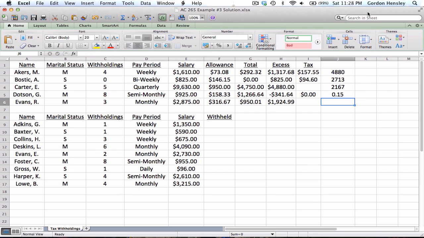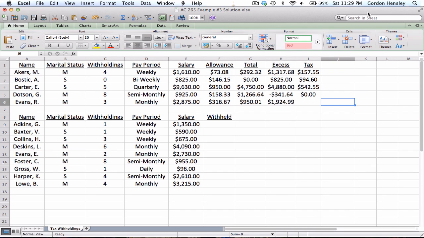The bracket is 15%. $2,167 times 15%. $325.05, and then I've got to tack on the additional $217.50. I add these two numbers together and I get $542.55. So this person's taxes withheld will be $542.55. So again, the more you do this, the more accustomed you come to doing these types of calculations.